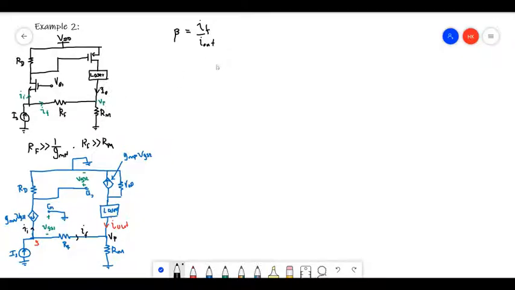Using that assumption, we can write an expression for VP, which is, using simple letters because this is the AC current, I out times RM. So that is VP, coming from this assumption.